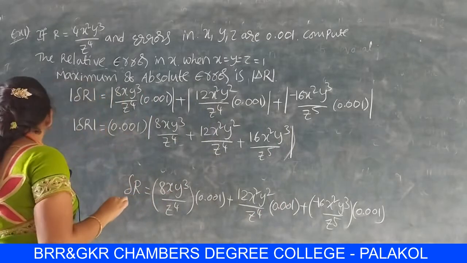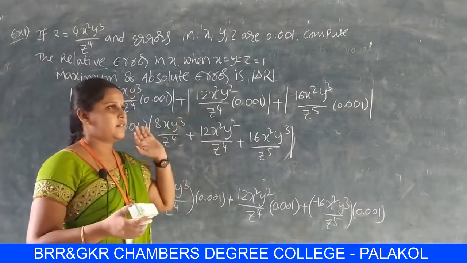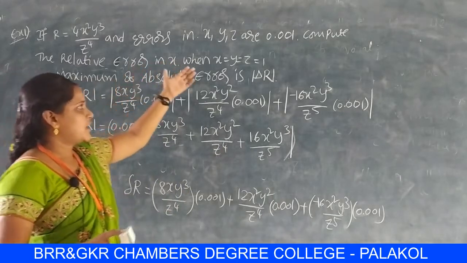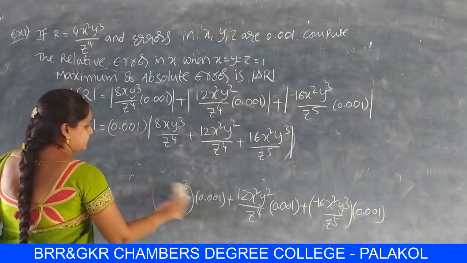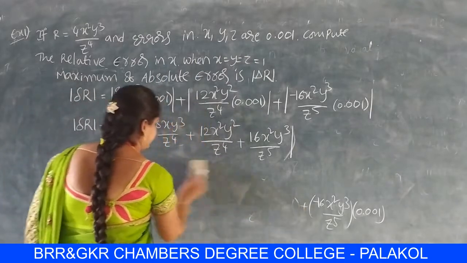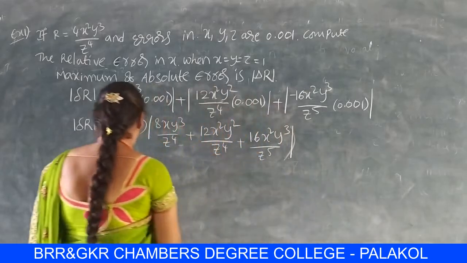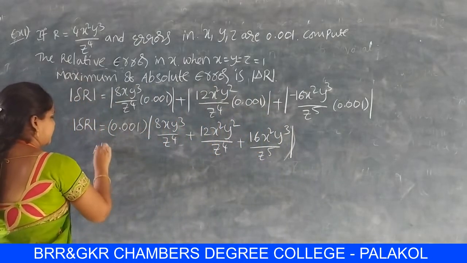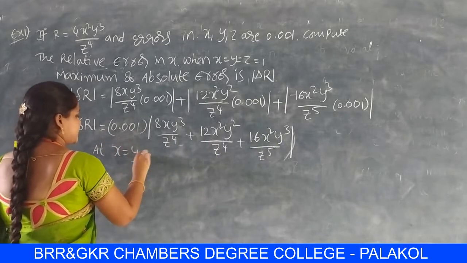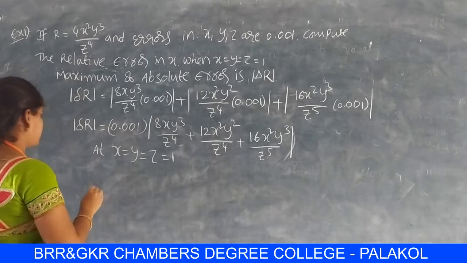Now substituting the values of x, y, z, when x, y, z values are known as 1. At x is equal to y is equal to z is equal to 1, substitute in the above equation.